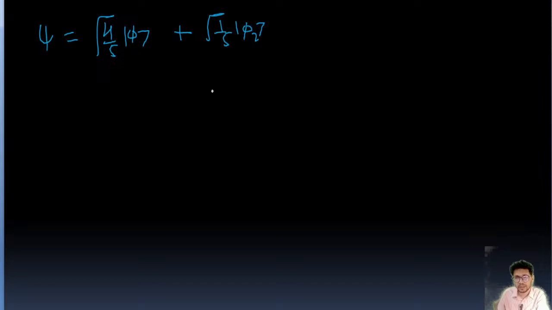Okay, so now we'll check whether it is a normalized wave function or not. How are we going to check? For c1 and c2, c1 square plus c2 square should be 1. So this is 4 upon 5 plus 1 upon 5, so 5 upon 5 equals 1.